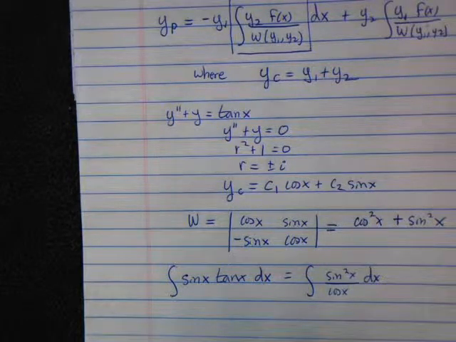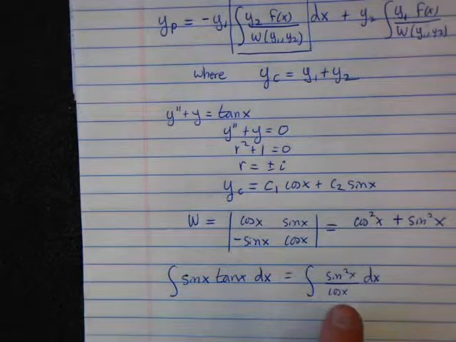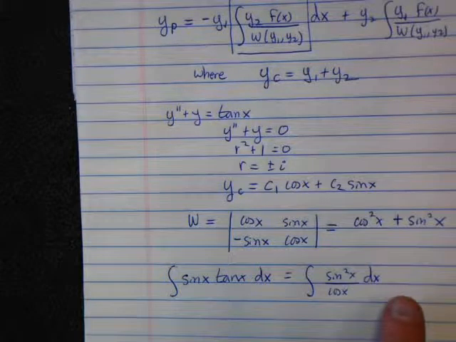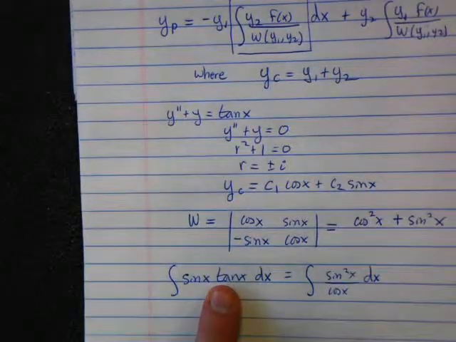U substitution, what are you going to let u be? Sine squared, what's the derivative of sine squared? You don't get 1 over cosine, do you? So that u substitution isn't going to work. Wait, can you split it up so it's like sine over cosine times 1 over cosine? That would be sine over cosine times sine, which is right back where we were.